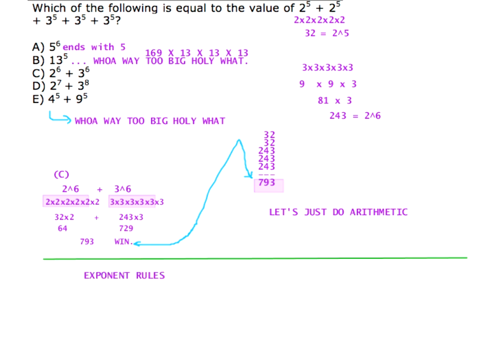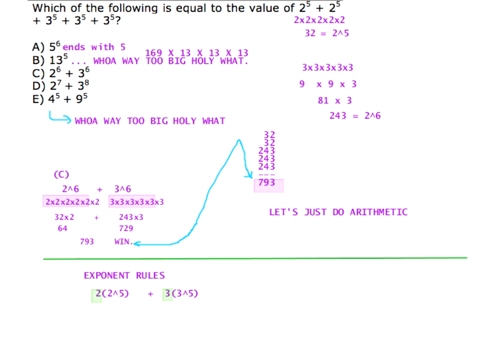So 2 to the 6th is 2 times 2 to the 5th, and then it's 3 times 3 to the 5th. The point here is to realize that this is going to be 2 to the 1, and that this is going to be 3 to the 1. That's basically the secret to that.